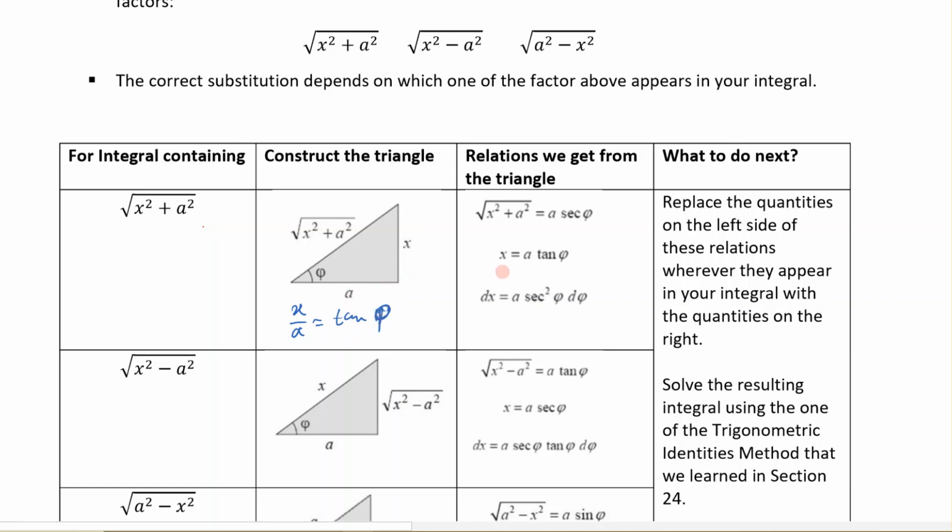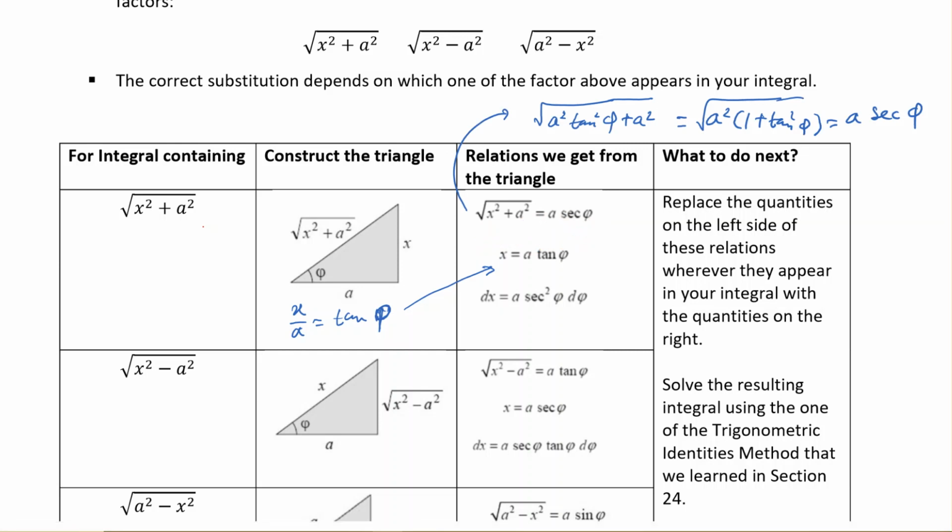In this case we get x equals a tan phi, and taking the differential, dx equals a secant squared phi d phi. Similarly, if you plug in the value here, you get square root of a squared tangent squared phi plus a squared, and taking a squared common, you get tangent squared phi plus 1, which gives you a secant phi.